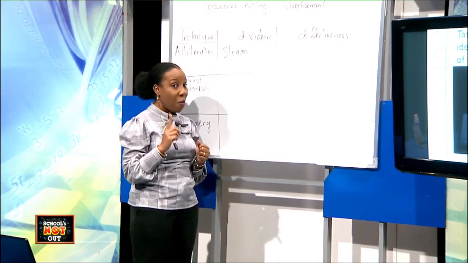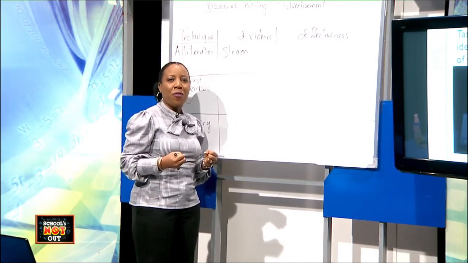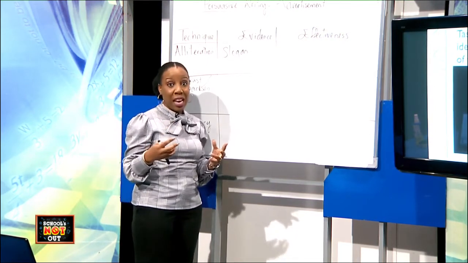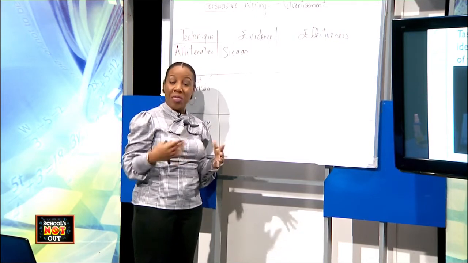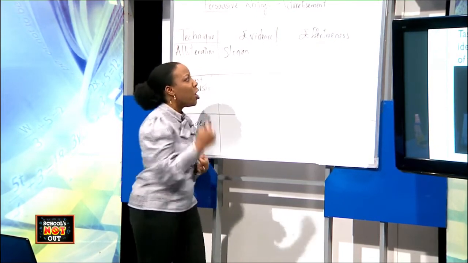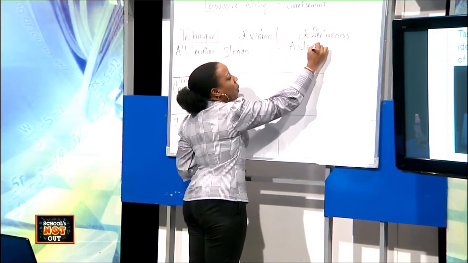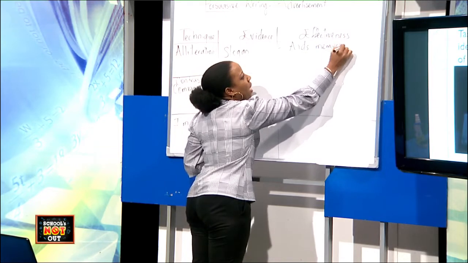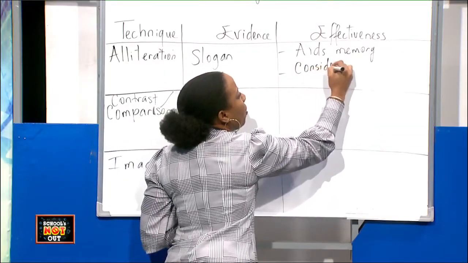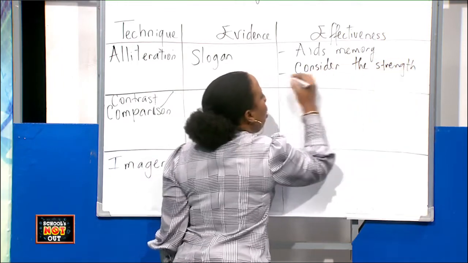Remember the slogan for one, and two, the kind of strength that we get from the forceful B sound conveys the strength that Digicel wants us to associate with their service. Does that sound plausible to you? I think it can work. So let us write effectiveness. Aids memory, that's one, and two, gets us to consider the strength of the service or coverage.